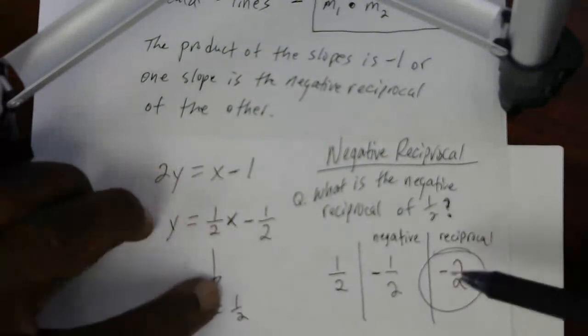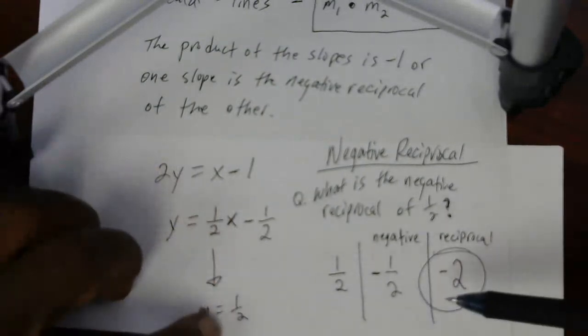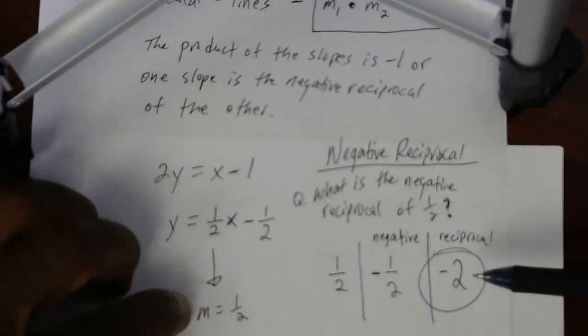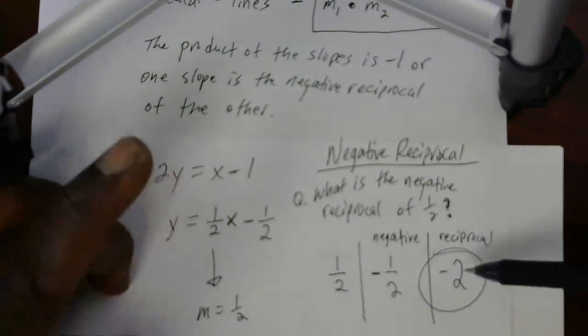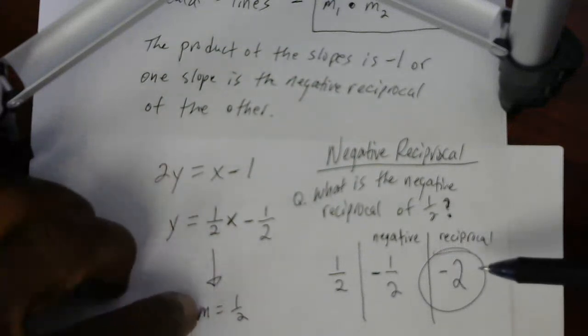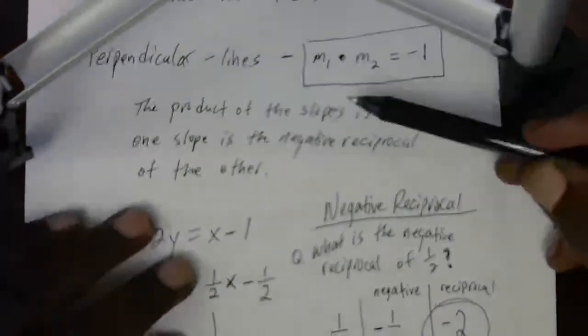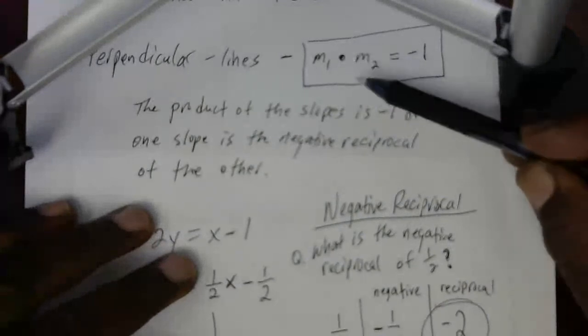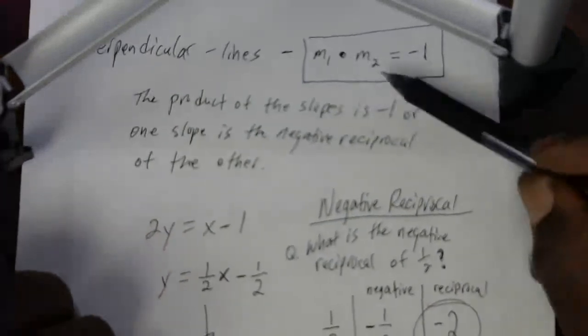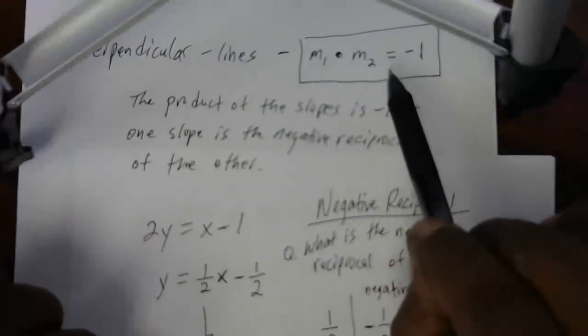So the negative reciprocal of 1/2 is negative 2. Okay. So negative 2 is going to be the slope we use. Negative 2 will help us satisfy this condition.